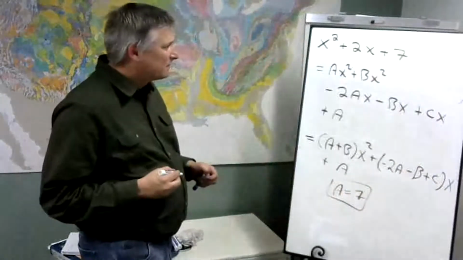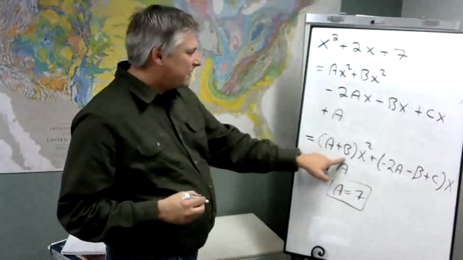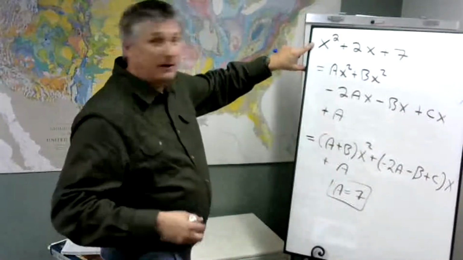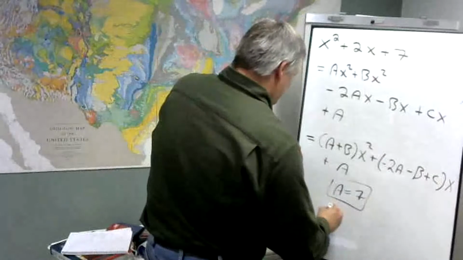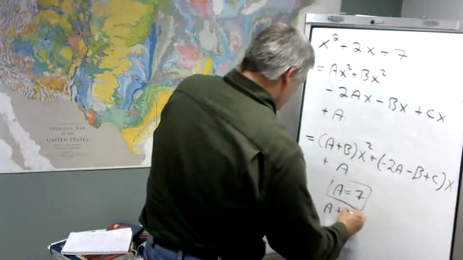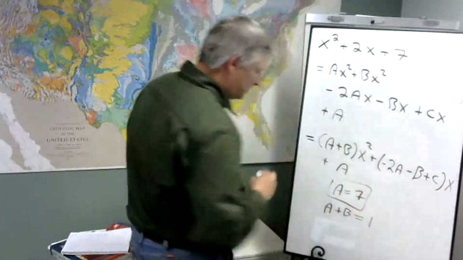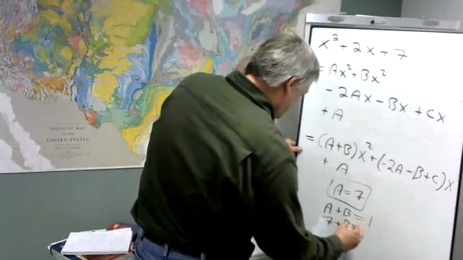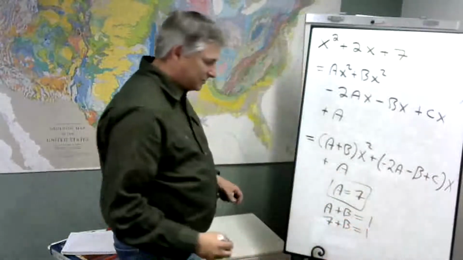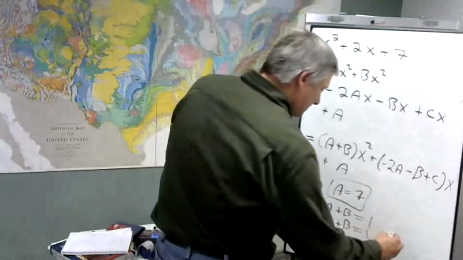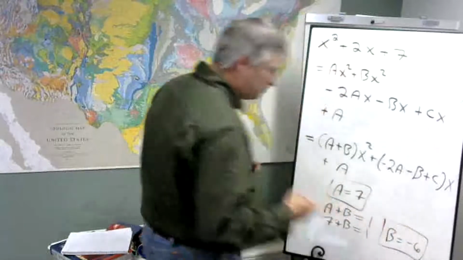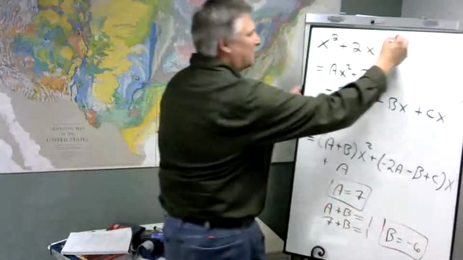There we go. Now we have a plus b for x squared, and then coefficient of that invisible 1 for x squared. But we know a is 7. So subtract 7 from both sides. B is negative 6. I'm going to write this off to the side.